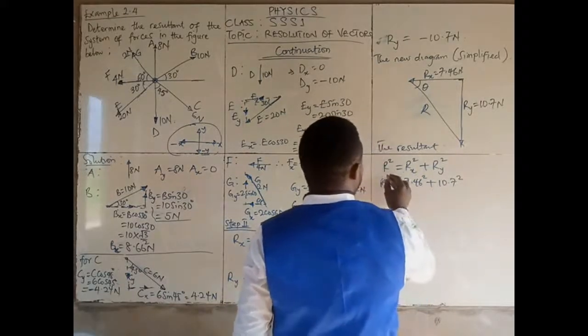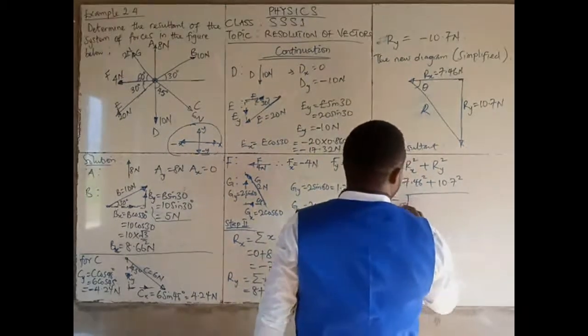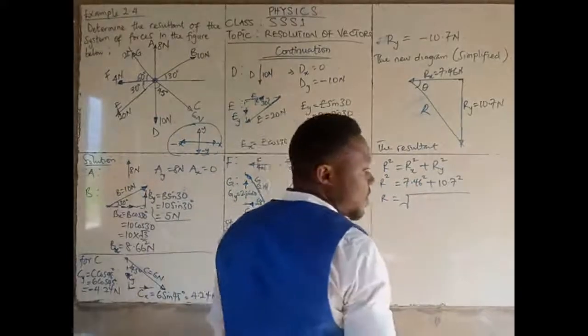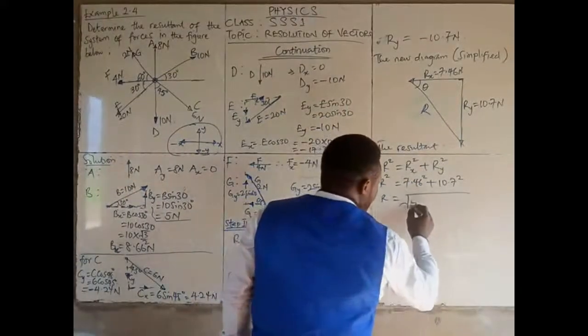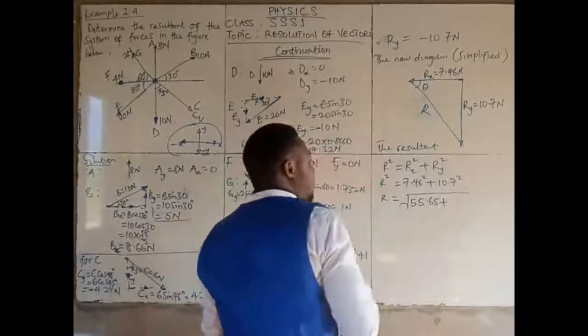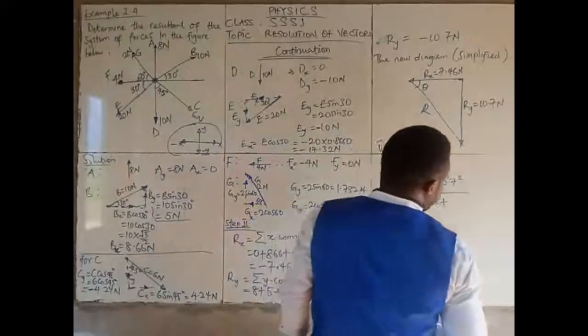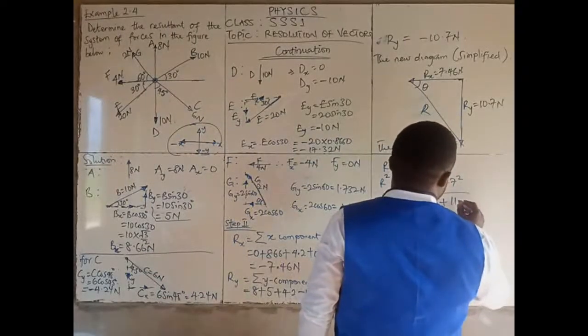That's our R square. Then R will be the square root of 7.46 square, which gives 55.65, plus 10.7 square, which gives 114.49.